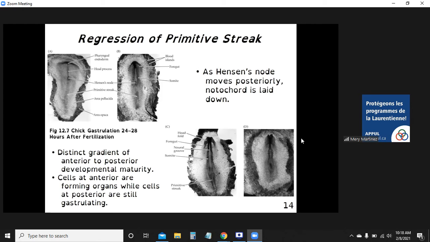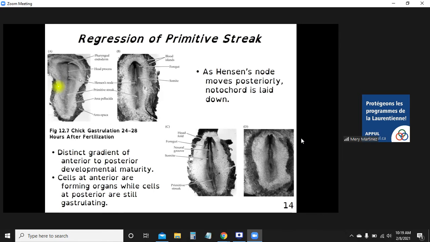And hence, we have that the sequence in which the head, mesoderm, and the notochord are established in the avians, in birds, and in mammals, we want to have a distinct gradient that is anterior and posterior.